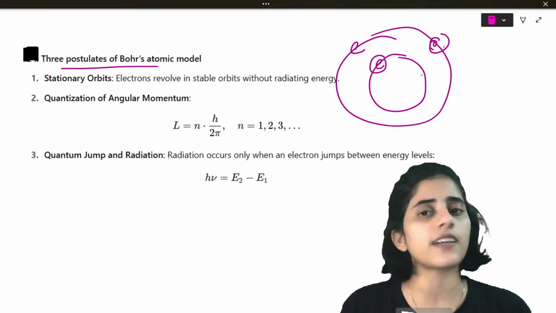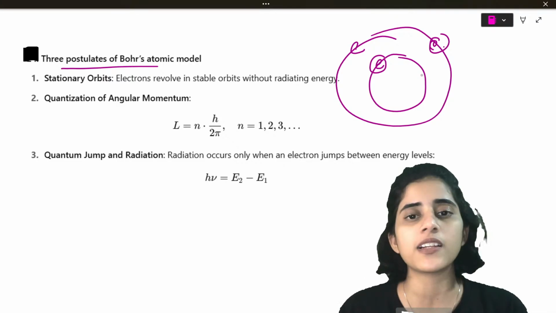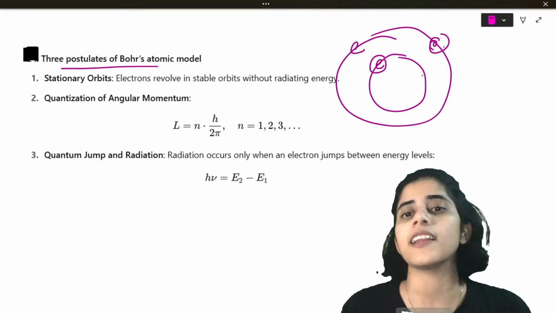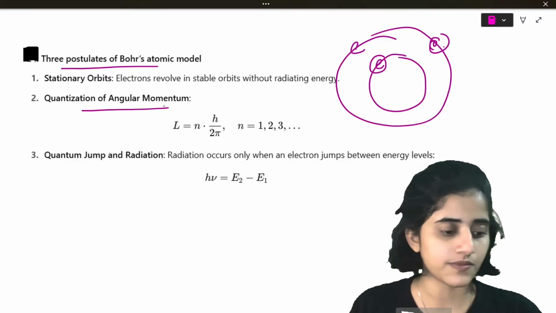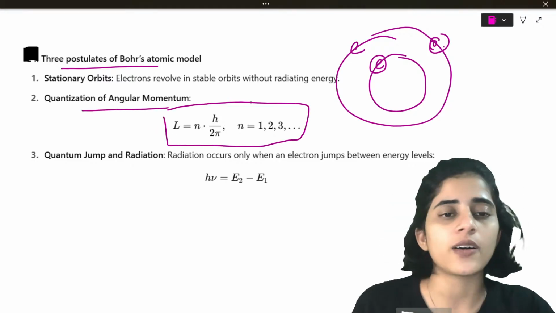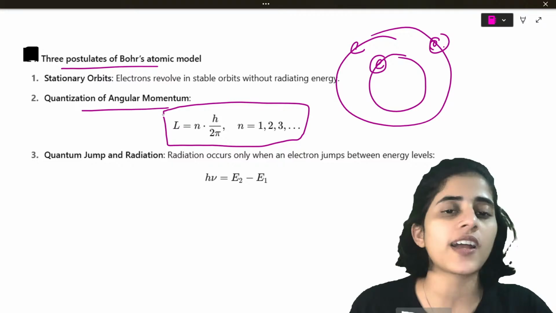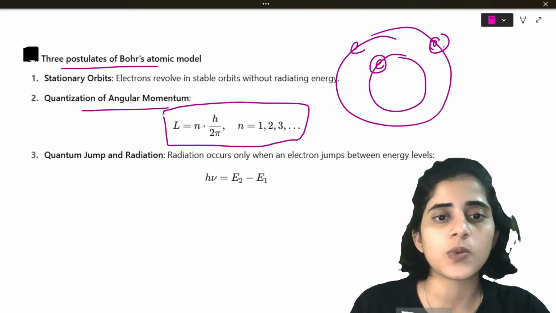They do not radiate any energy. Okay? Now, quantization of angular momentum is what? L is equal to nh by 2 pi.